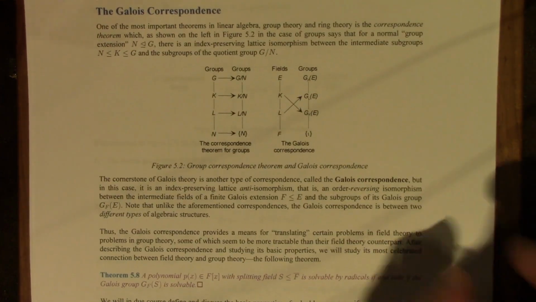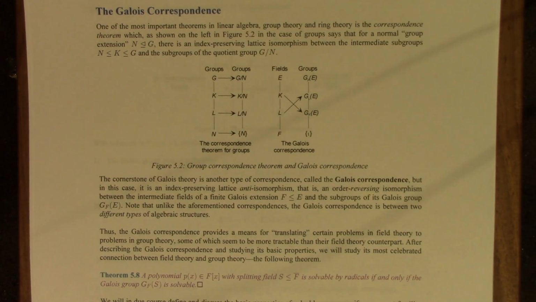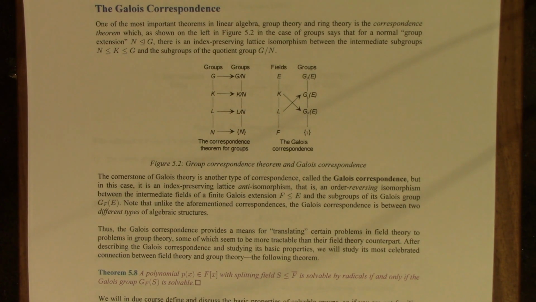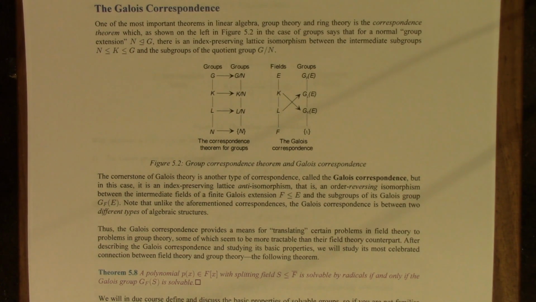All right, so we now have fixed fields and we have Galois groups, or Galois subgroups of the main Galois group. Now we can look at the correspondence. And to put it in context, one of the most important theorems in linear algebra, group theory, and ring theory, and we studied all of these in previous courses, is the correspondence theorem.